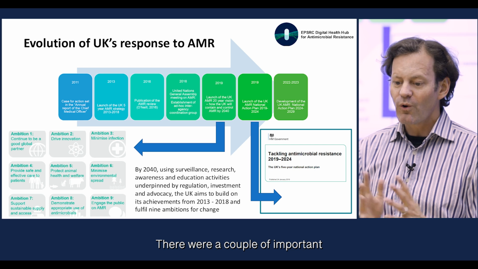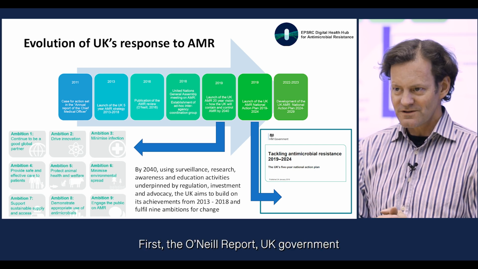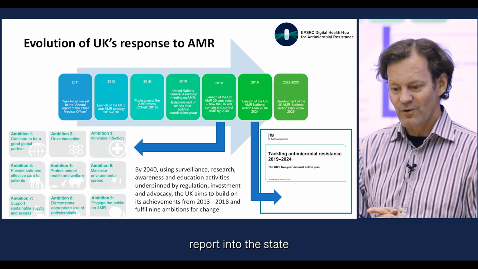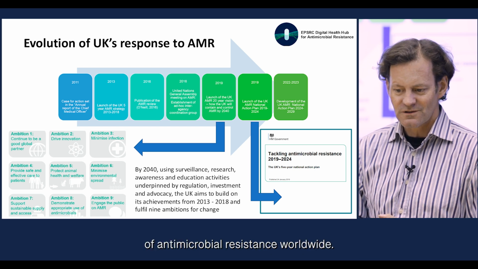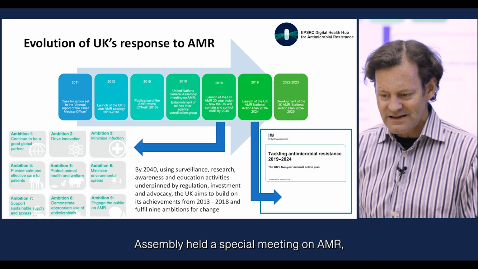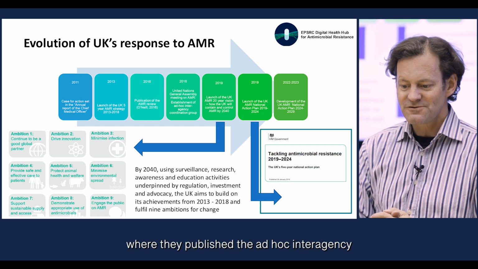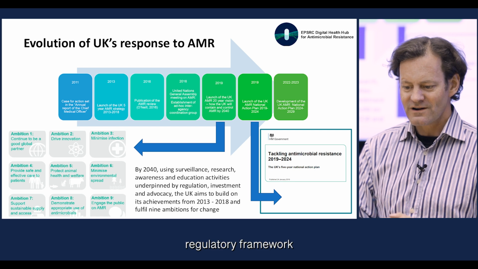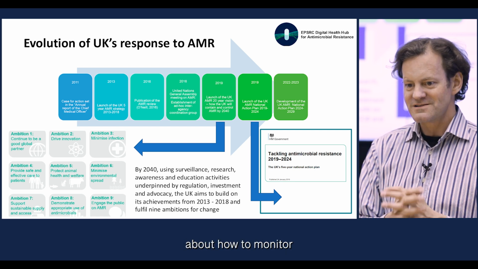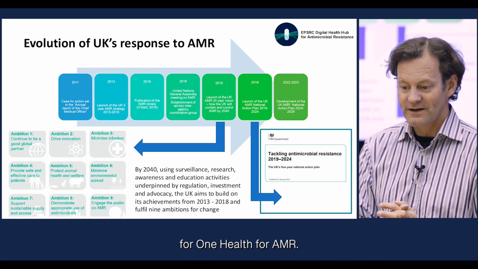There were a couple of important things that happened in 2016. First, the O'Neill report, a UK government report into the state of antimicrobial resistance worldwide. And then the UN General Assembly held a special meeting on AMR where they published the ad hoc interagency coordination group framework about how to monitor cross-sector threats for One Health for AMR.